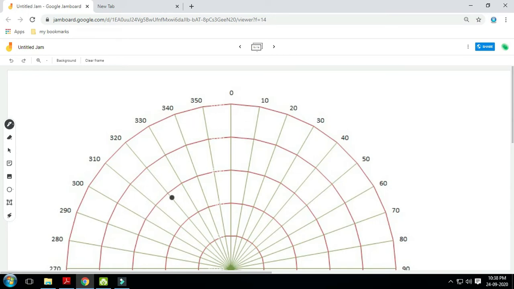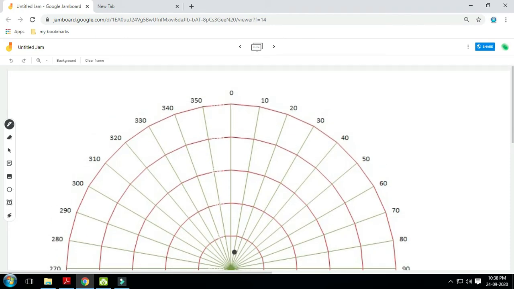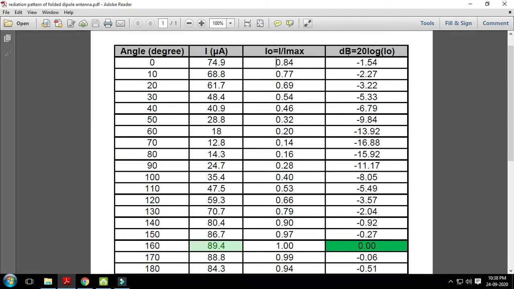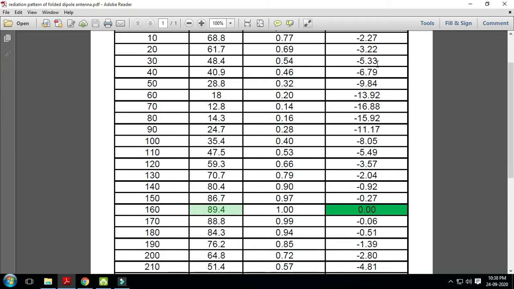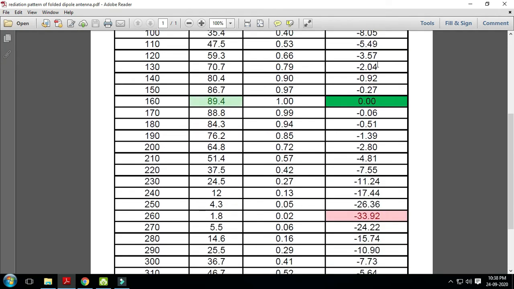So before I just mark every dV reading here, I have to scale this polar plot properly. So I have to scale this linear line. So how we do that? In our dV column, we go through all the values and find out the maximum and minimum value.